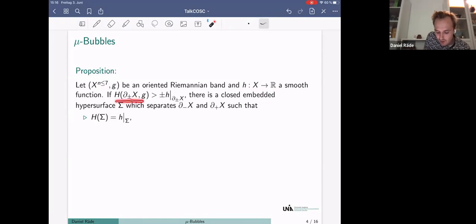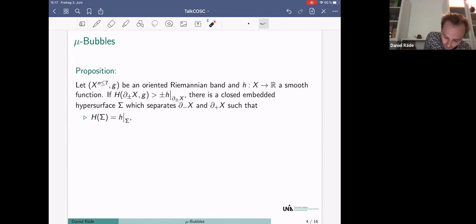If the mean curvature of the boundary, and here you should read the plus goes with the plus and the minus goes with the minus, is bigger than this potential function or negative on both ends, then you will find a closed embedded hypersurface sigma which separates the left part and the right part of the boundary, which just means that any path which connects them has to intersect it. And the mean curvature of sigma will be equal to the potential function restricted to sigma.